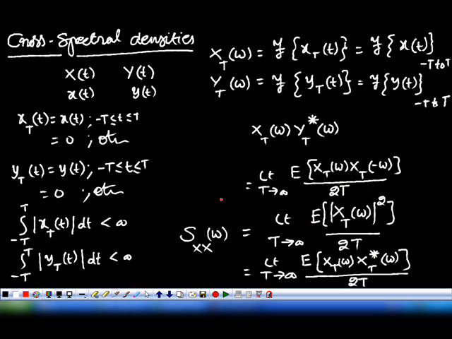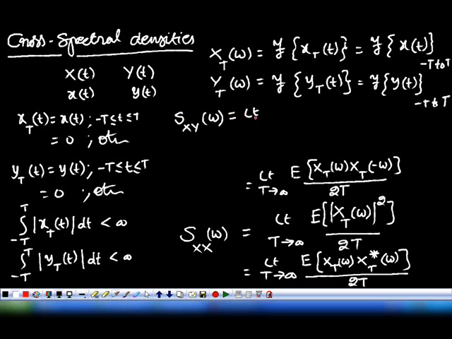Now, here we have two functions, XT of omega and YT of omega. What will be the S_XY of omega? Can you write this?